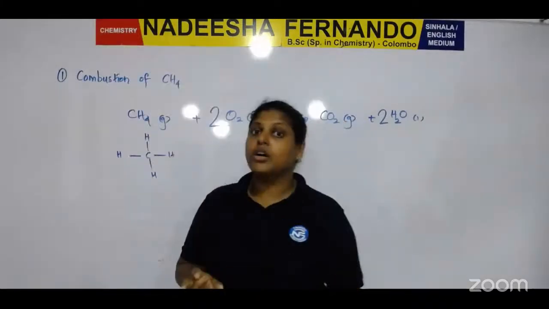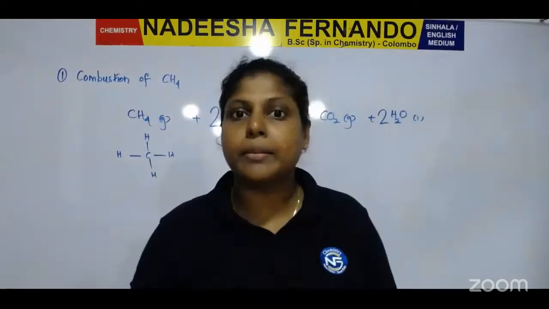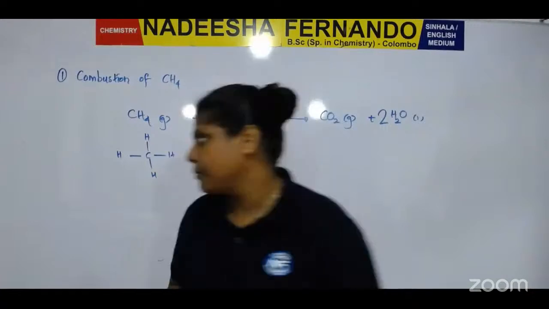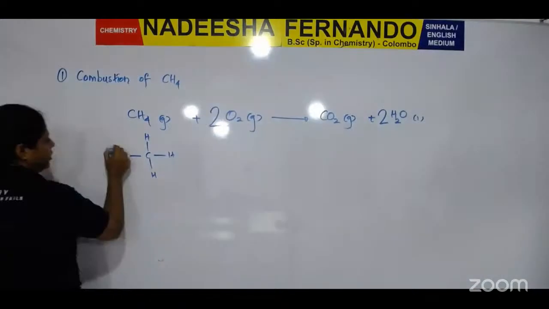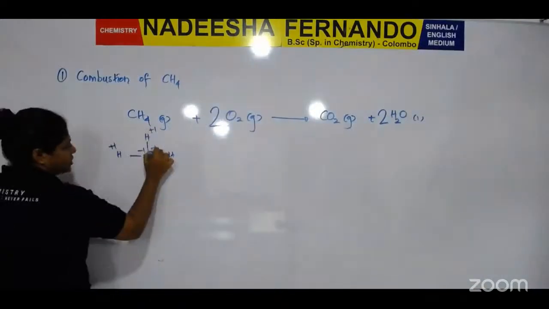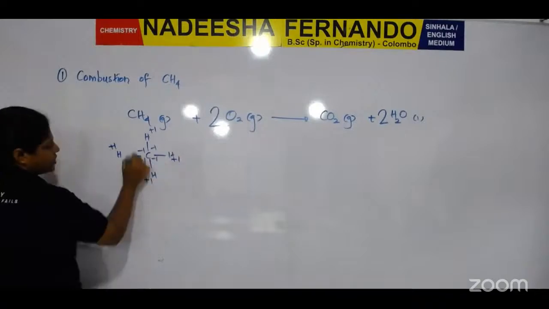Because of that, for one bond, the most electronegative one takes -1, the less electronegative one takes +1. Here, due to this one, +1 -1, due to this one, +1 -1, due to this one, +1 -1, due to this one, +1 -1.